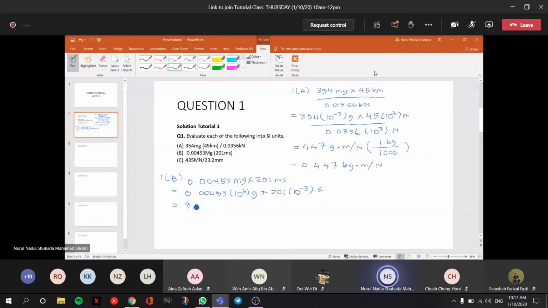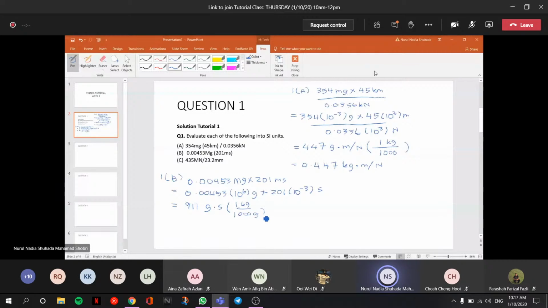911 gram second. So gram is not the SI unit, so you guys have to change to kilogram. So 1 kg is equal to 1000 gram.